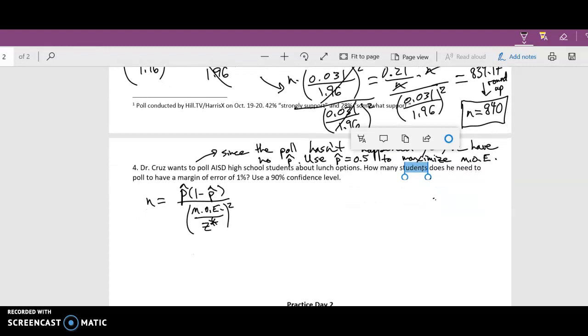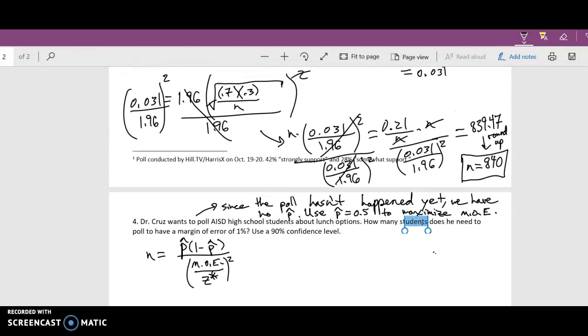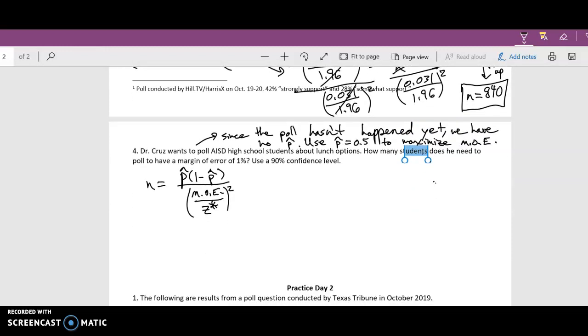So you don't have to rearrange this, but this is coming from using the same equation we used up there. Just rearrange it because we're looking for n. We could have done that last time too if we wanted to.